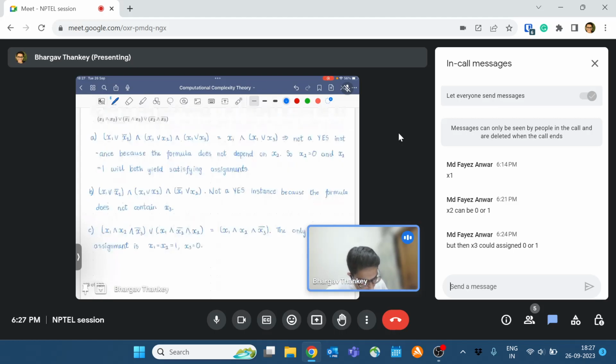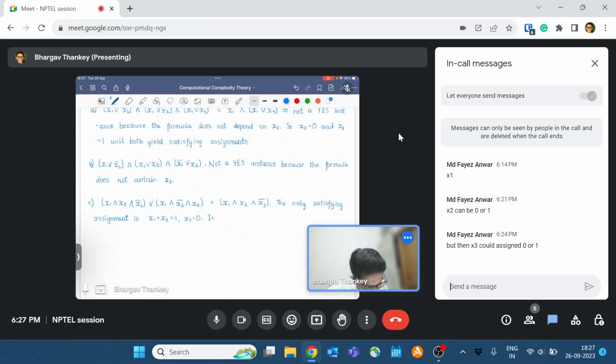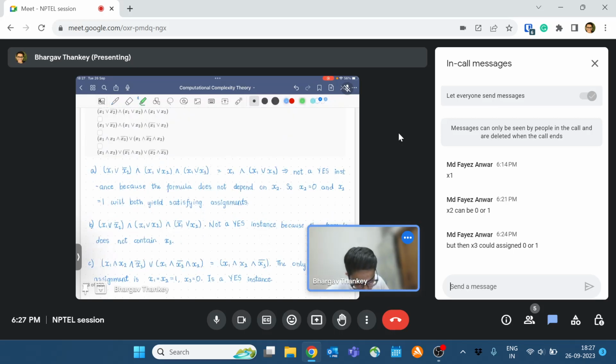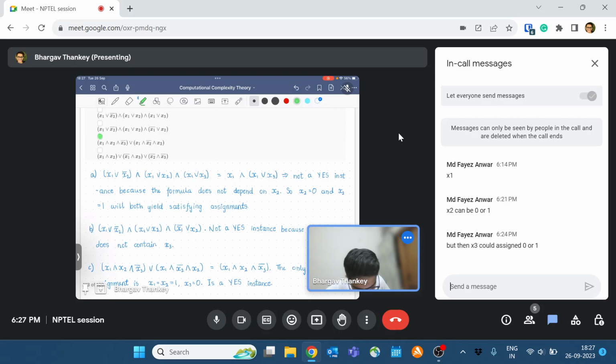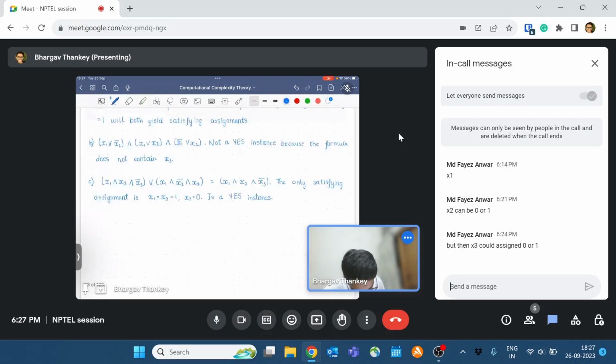So this is the yes instance. And finally the x1 and x2.